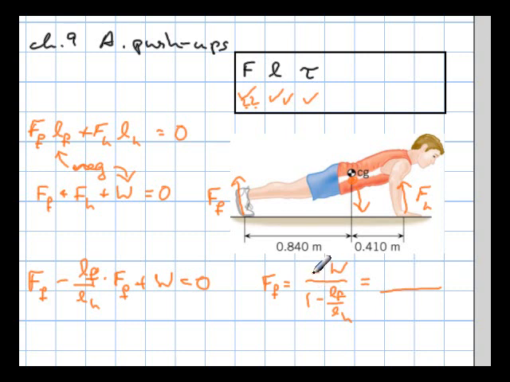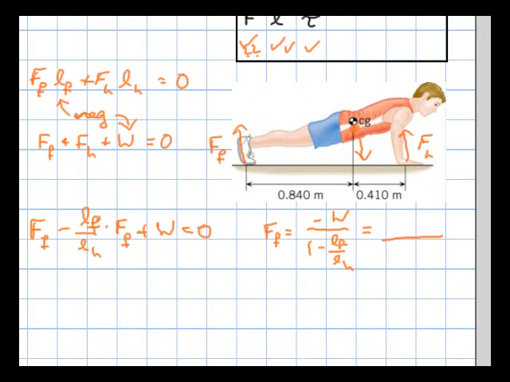Again, a note here: this negative and this negative were introduced from doing the algebra, putting it to the other side, and then the weight itself is negative, so actually we have a positive number here. And the LF is negative as well, so we have a positive here as well. We divide a positive by a positive, which comes out to a positive force, which makes sense because the force on the feet is pointing up.